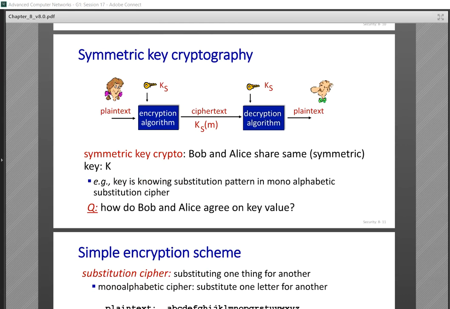During the last session, we started to talk about network security, and we started to talk about cryptography as one of the basic network security tools.